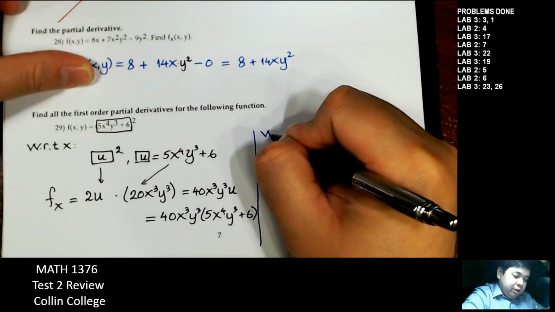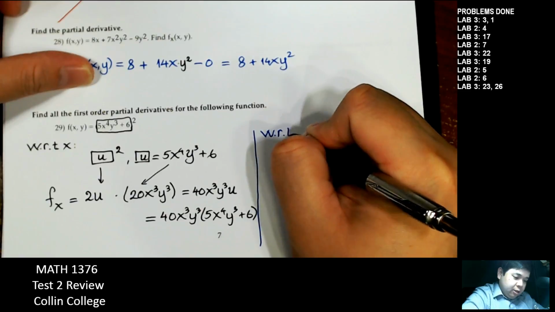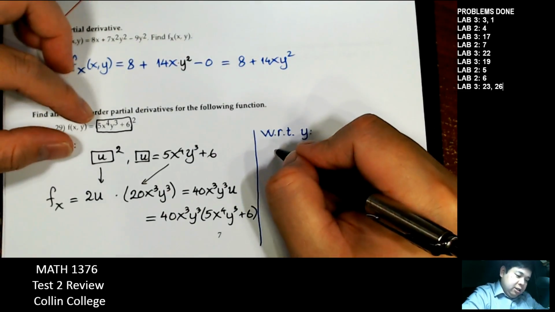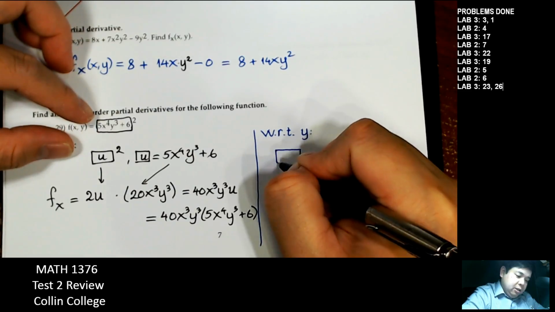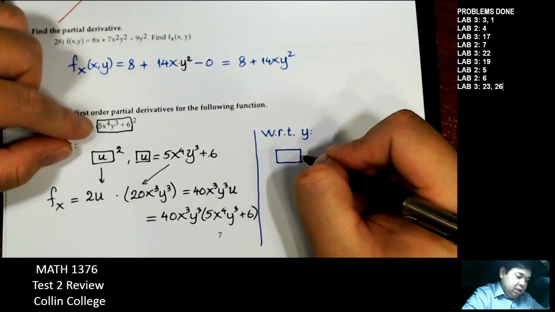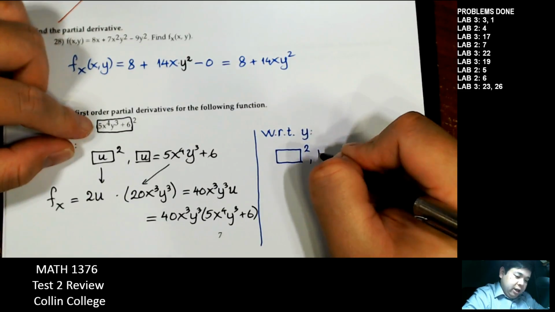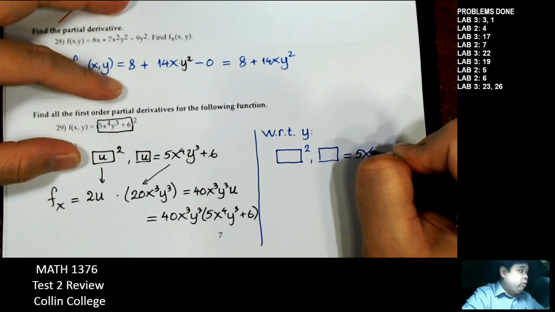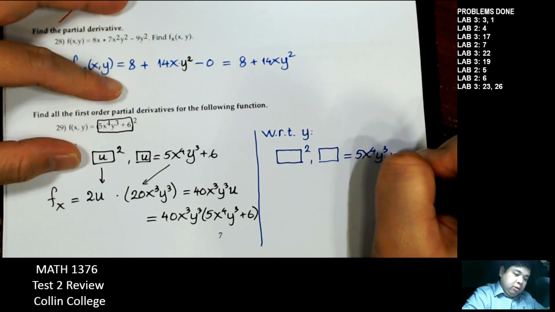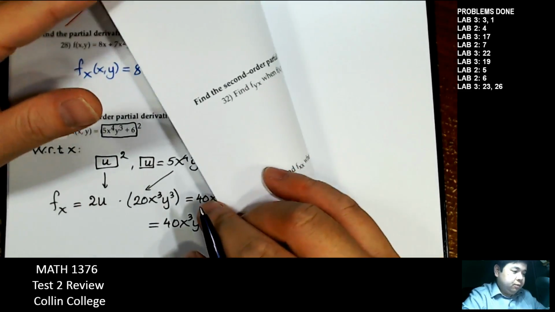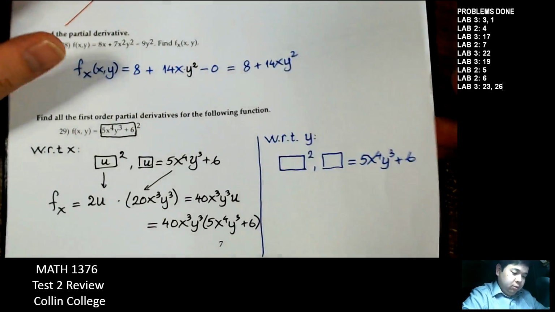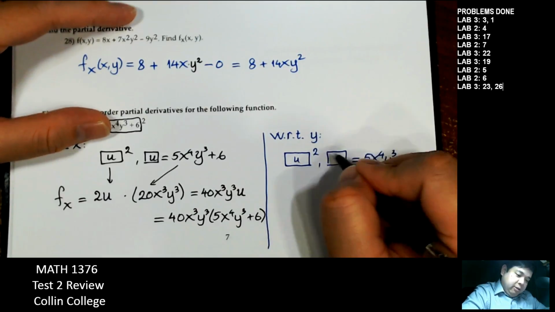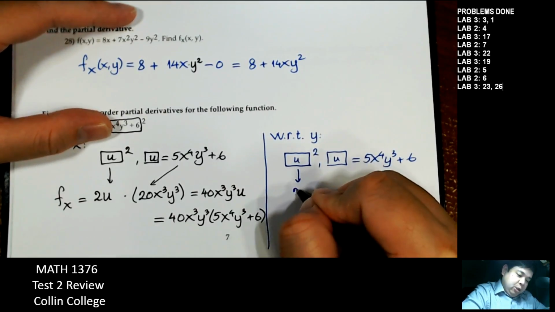Now with respect to y, it will be similar to this. So the box square and the box is 5x to the 4th y cubed plus 6. Right. Derivative 2u.